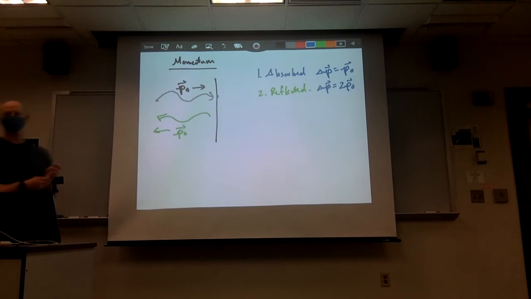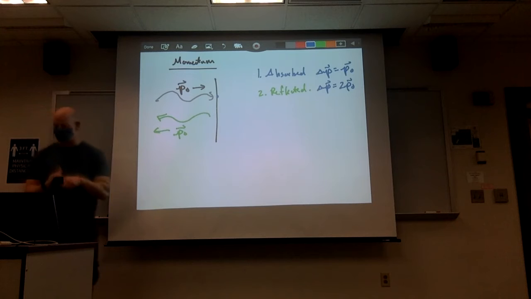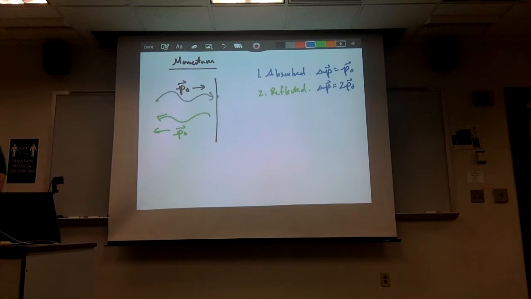Now, what we also know is that when I have a change in momentum, when something hits a wall and then bounces off, that applies a force to the wall. Okay? So let's talk about the force. This also gives a force, which is what we call the radiated force, because this is force which is applied by the light.